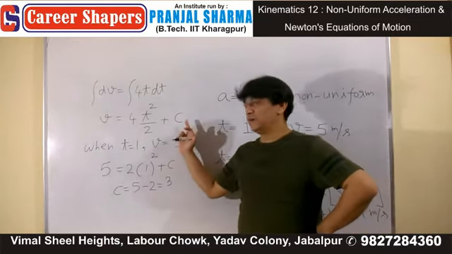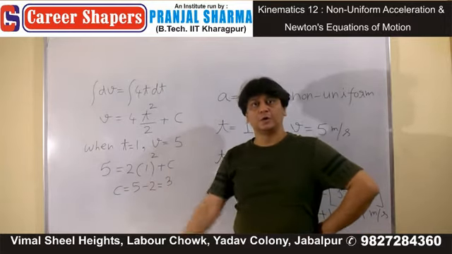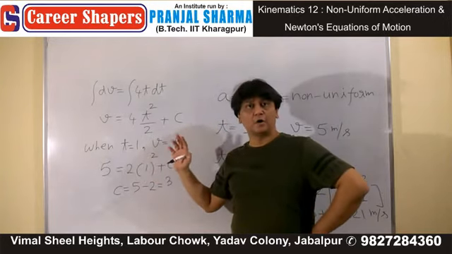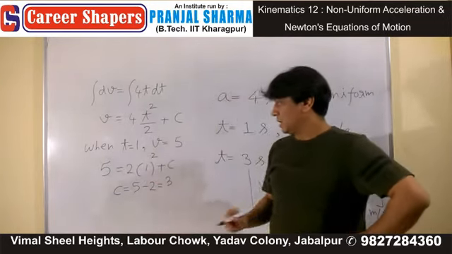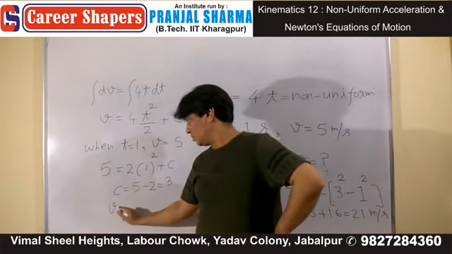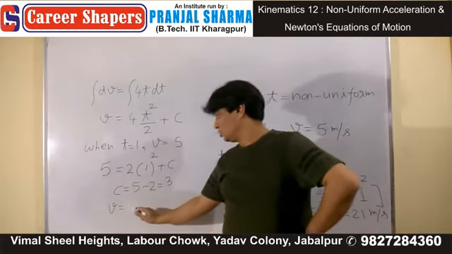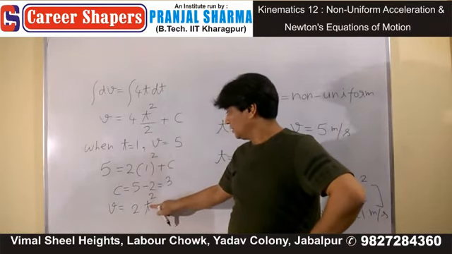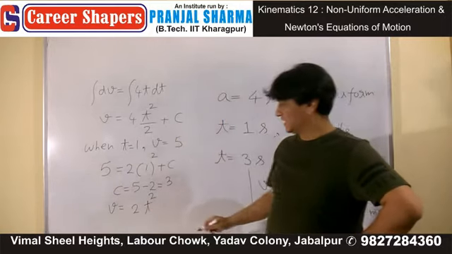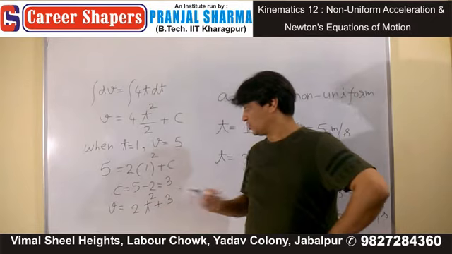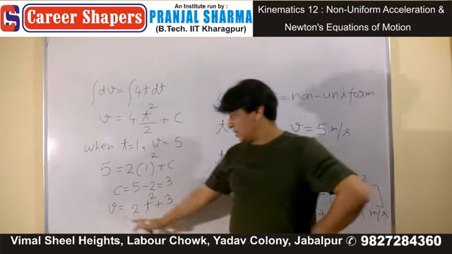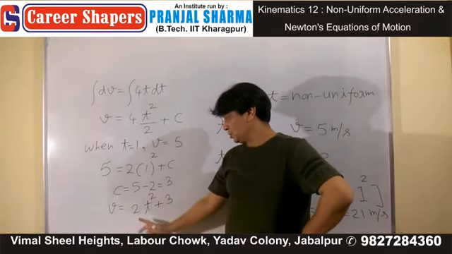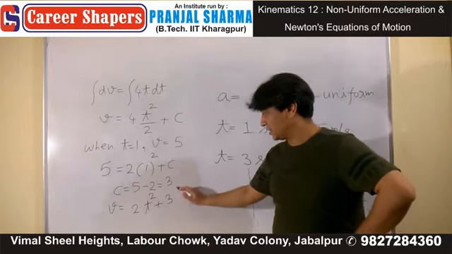So this constant of integration, which was not known, we found with the help of this given information. That means now v is 2t square plus c, and this c is 3. So velocity at any time is 2t square plus 3.